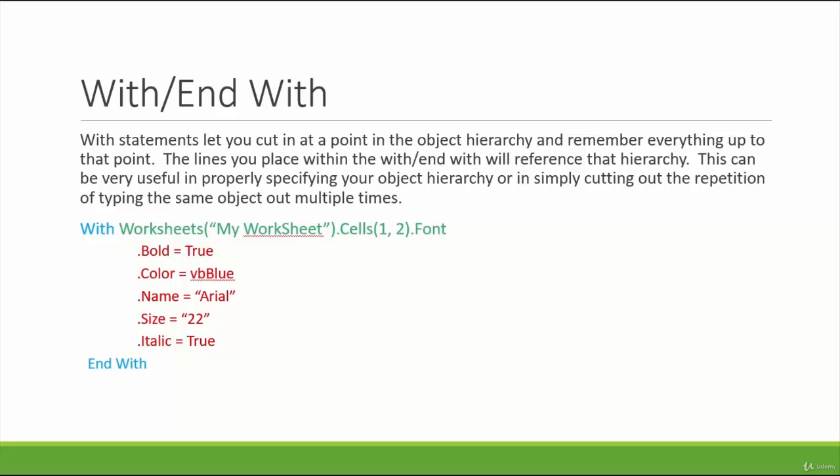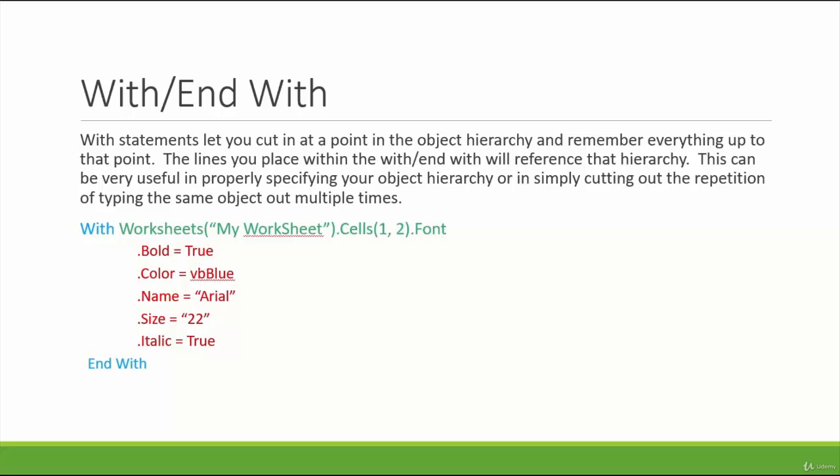So instead, I put this in With and End With, and all of this red text applies directly to the end of this statement. So what this really means is this dot bold equals true is actually representative of worksheets, my worksheet, cells in row 1, column 2, dot font, dot bold equals true. And my color really means worksheets, cells, font property, dot color equals VB blue.